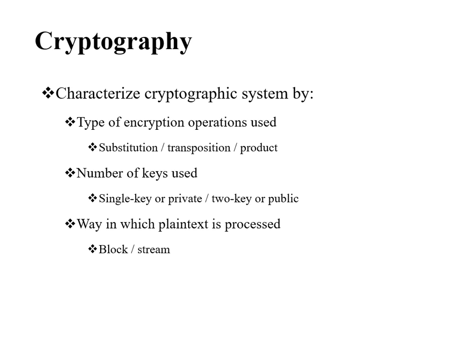Third is the way in which the plain text is processed. A block cipher processes the input one block of elements at a time, producing an output block for each input block.